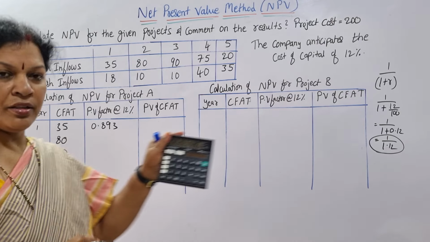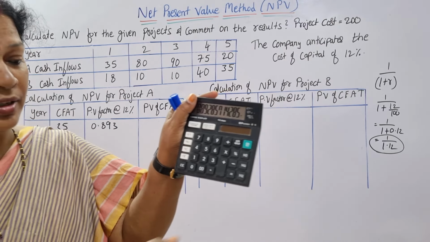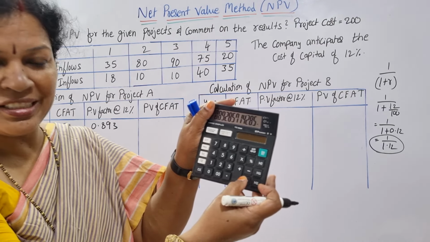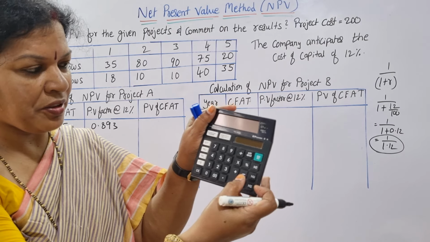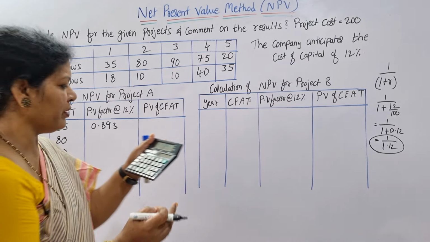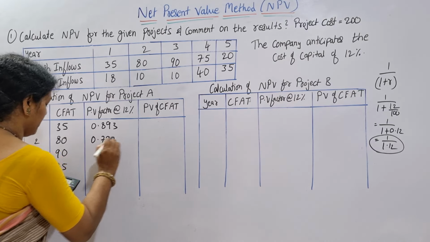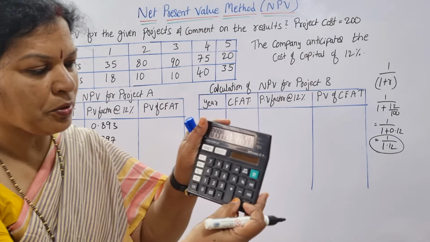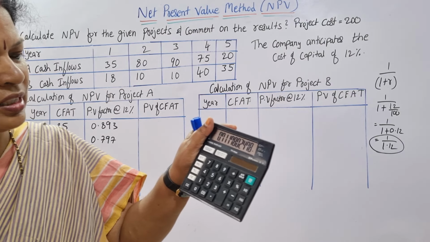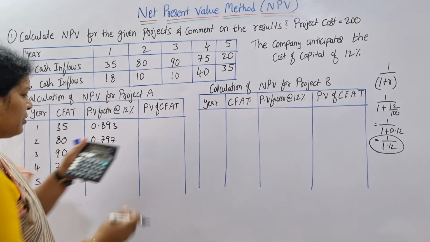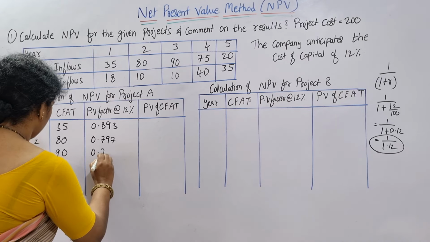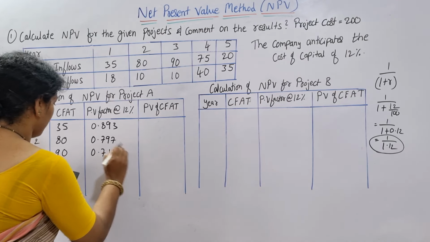Can you see? When I press equal, I get the second year value, 0.797. Once again pressing equal, 0.7112, so 0.712 we can write.